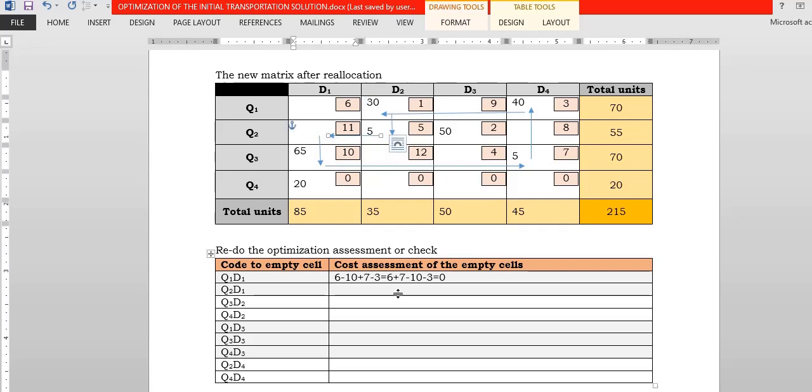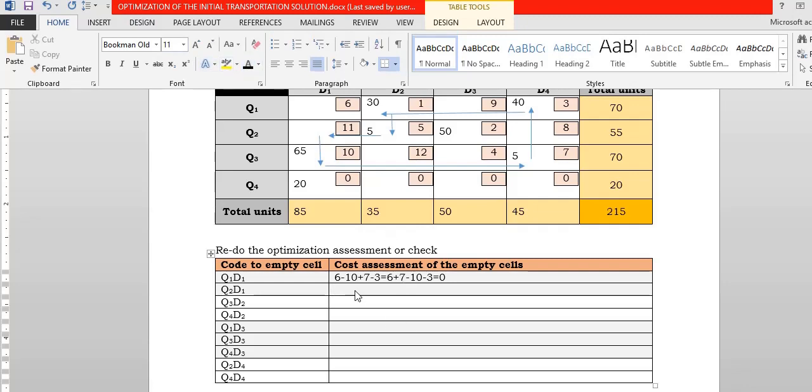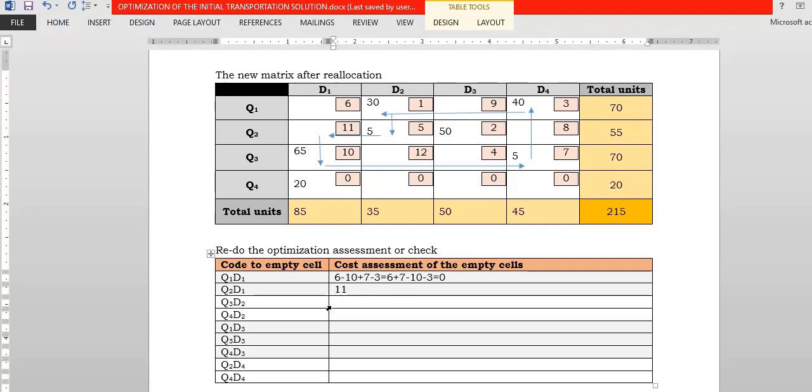Okay, that's the loop. So this is an empty cell, so we shall start with 11 positive. We're supposed to remove these colors, sorry about that, put the black. So we start from here, 11 minus 10, plus 7 minus 3, plus 1 minus 5. That's what we have. Now let's check if this one gives us a positive or negative answer.